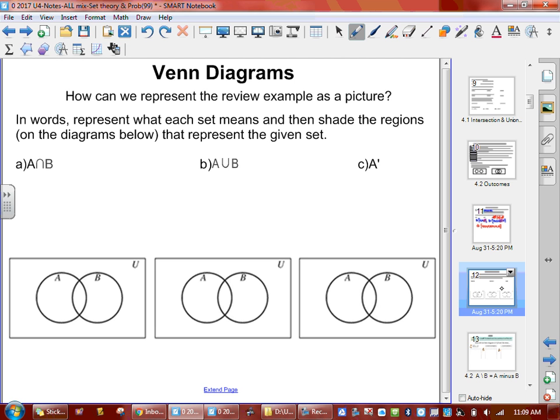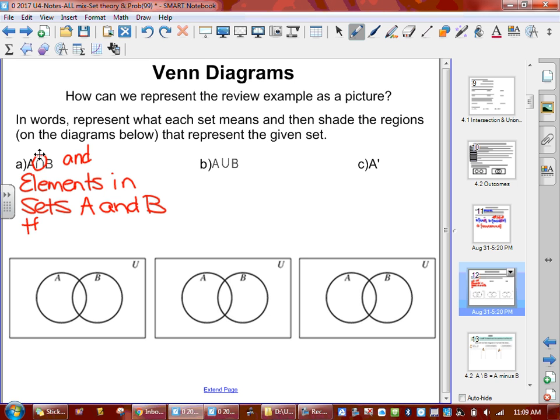So, we already said with the N there, that means and. So, this would be elements in sets A and B that are the same.